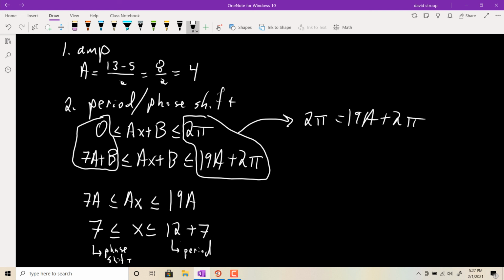Okay. So 19a will equal 0, and I've screwed up. Sorry. What did I do? So I want to start down here, and then I'm constructing.